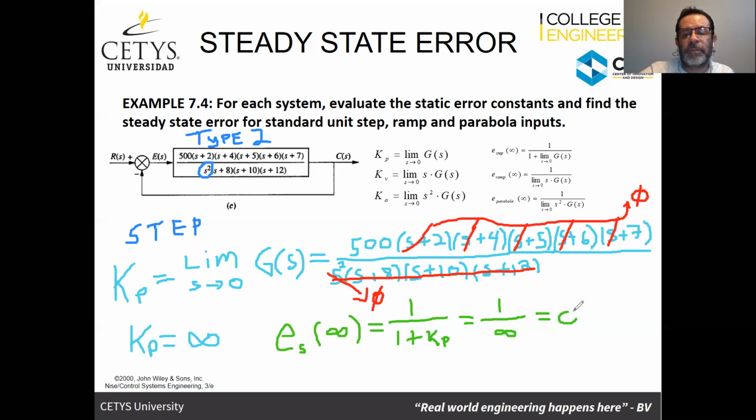This error is going to be 0. So again, a type 2 system, which is this one we're talking about here, is going to have a perfect reaction to a step. And we see that there. Save this. Remember, if somebody has any question, just raise your hand.